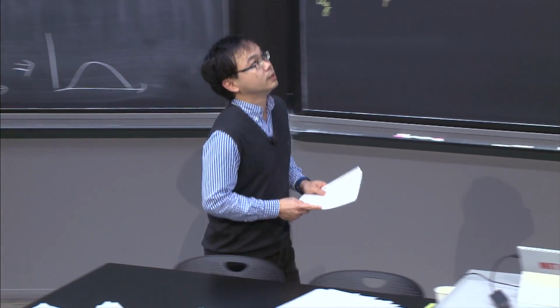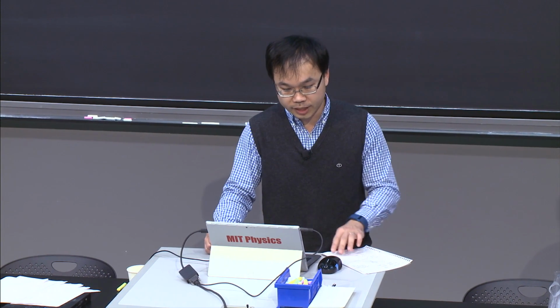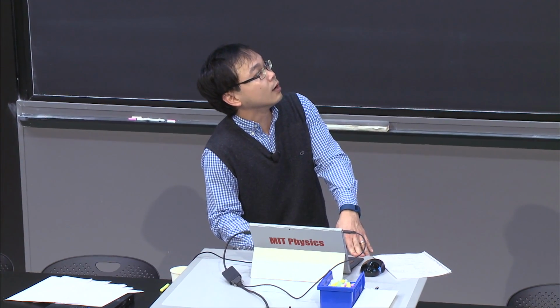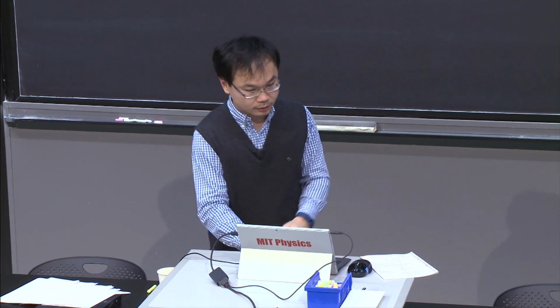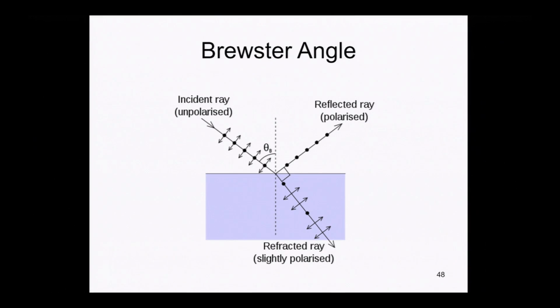And also we discussed Brewster's angle, and how that leads to the explanation of the filtering of the light, the refracted light from, for example, the window of a car or from the water. And this is a demonstration of the summary of Brewster's angle.